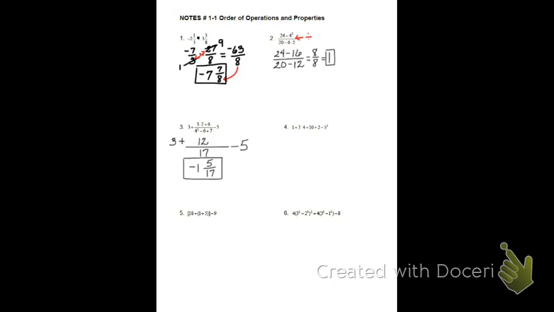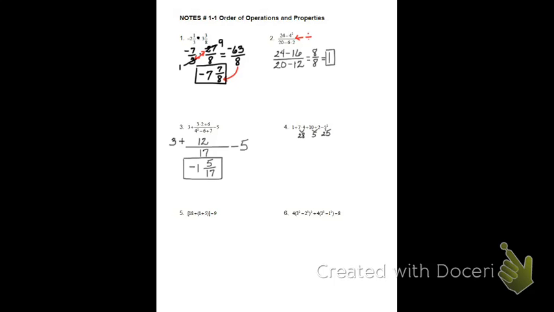Okay, number 4. Again, lots of remembering of what to do first when order of operation. So here you see multiplication there. You've got to take this to a power of 2, so that's 25. And then this is 28. I was trying to get rid of all the multiplication and division first. And this is 5.